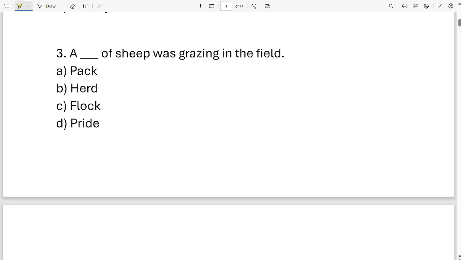Next sentence. The dash of sheep was grazing in the field. Which word should come in this blank? Pack, herd, flock, pride. Which one is the correct option? It is option C. A flock of sheep was grazing in the field.